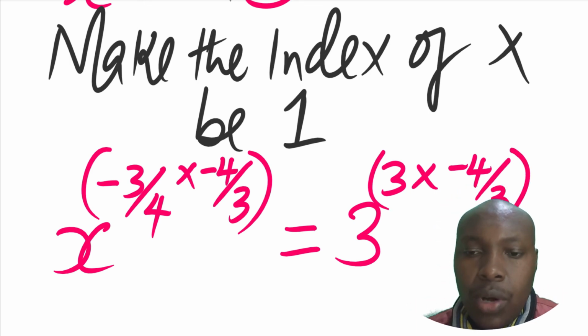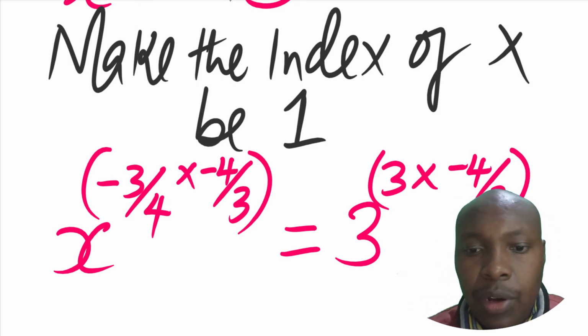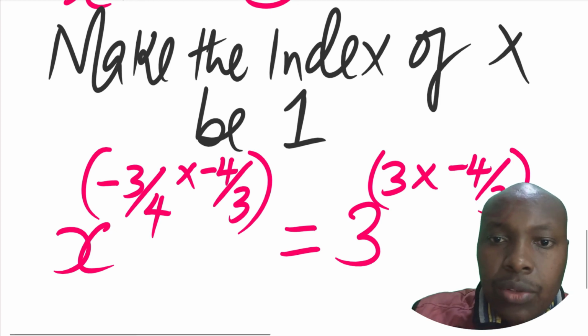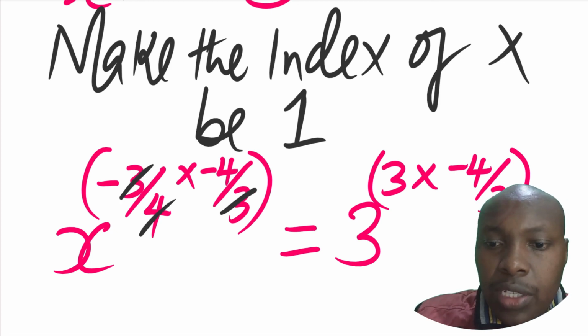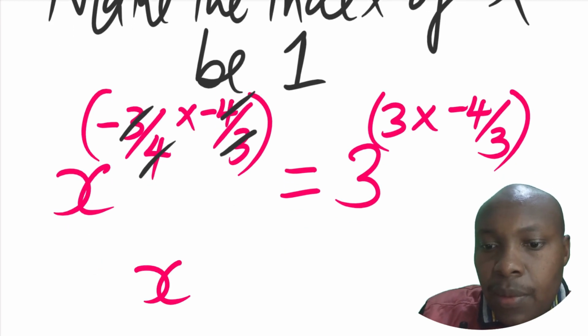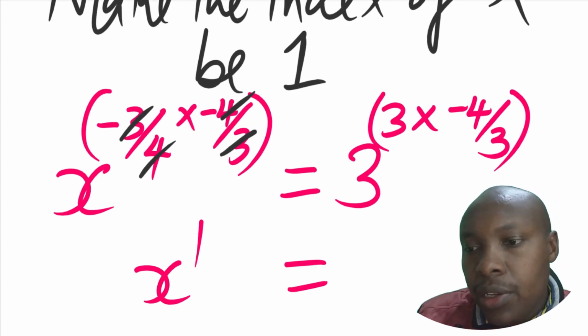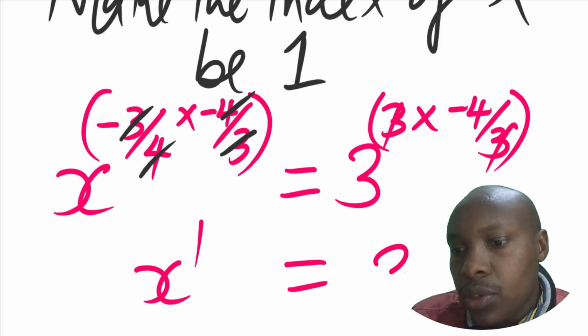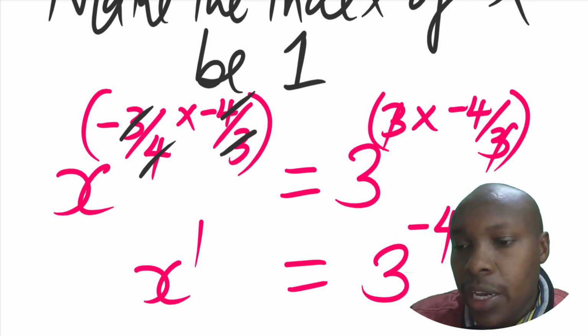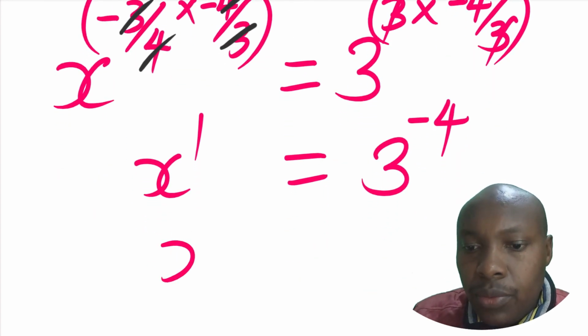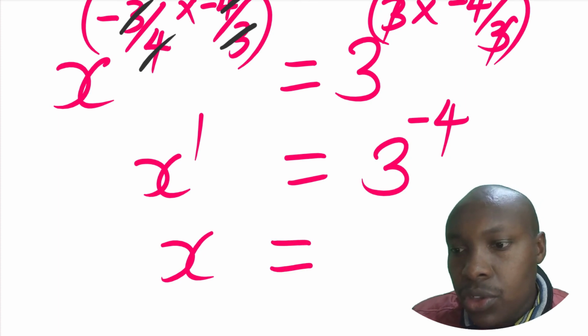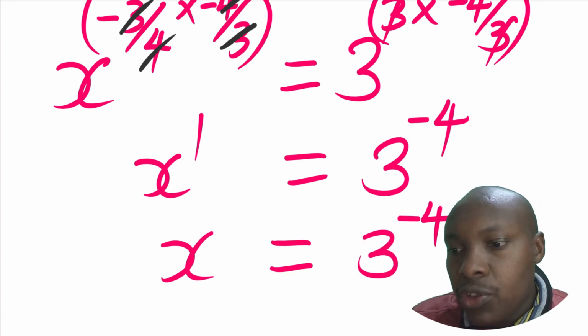So in order to have on the left hand side the power of x being 1, when you work these out, you realize we get x raised to power 1 is equal to 3 raised to power negative 4. And therefore, x is equal to 3 raised to power negative 4.